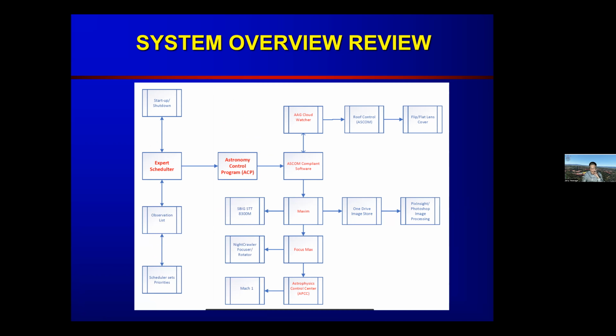So that's the system. Any questions about the system while I'm here? Anything? As you can see, it all hangs together. The red is the ASCOM compliant stuff. Okay, I'll go on then.